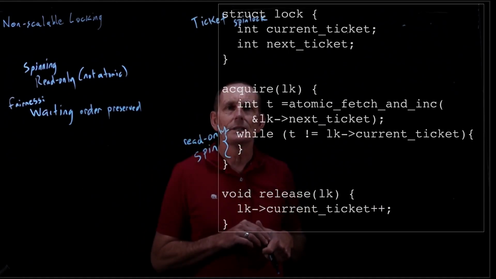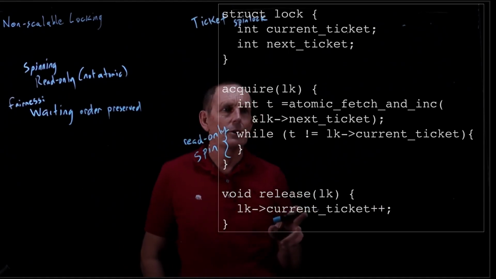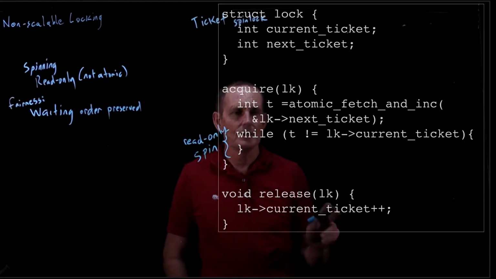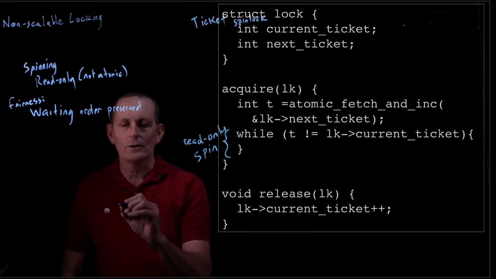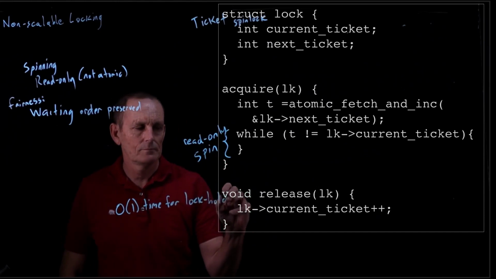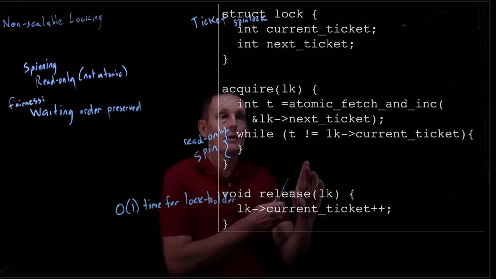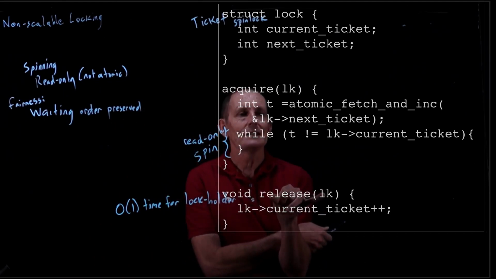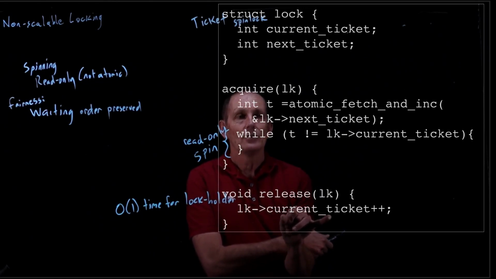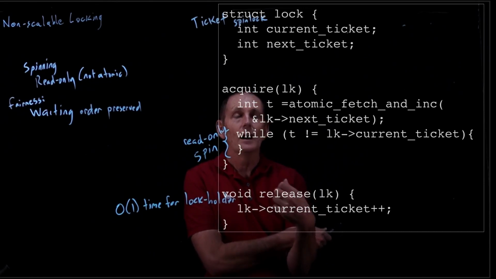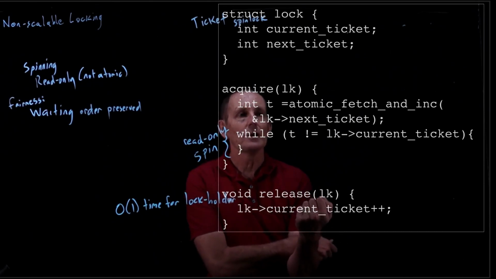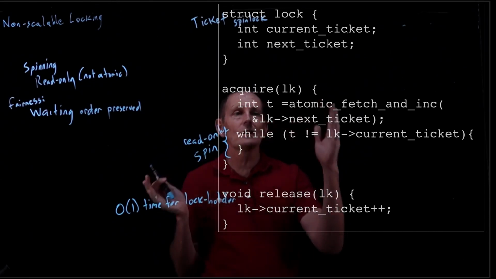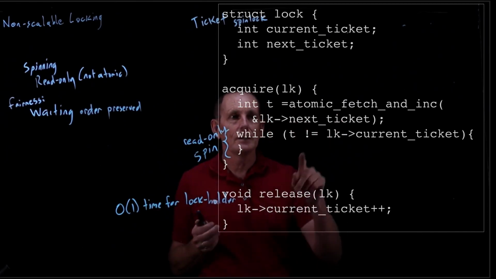The problem is, as we go and update this ticket, what happens? It's order one time for the lock holder, because the lock holder is going to find everyone else in shared mode. So what's it going to do? It's going to read and then update, which will put it in modified mode and send an invalidate. So everyone else will get an invalidate. Okay, that's fine.